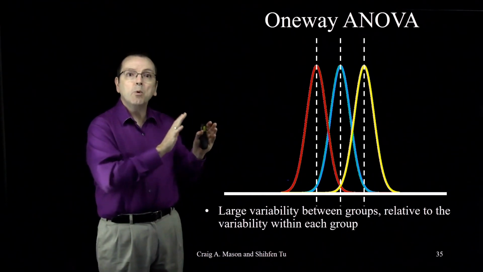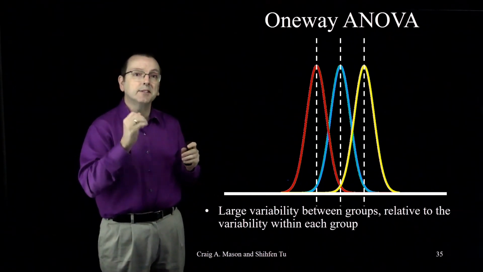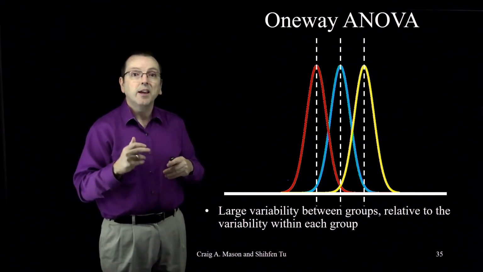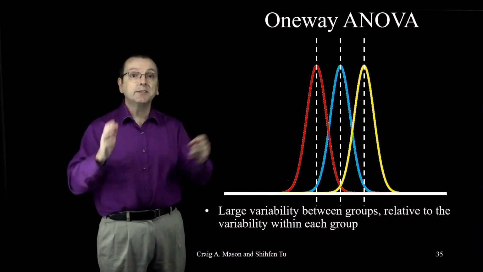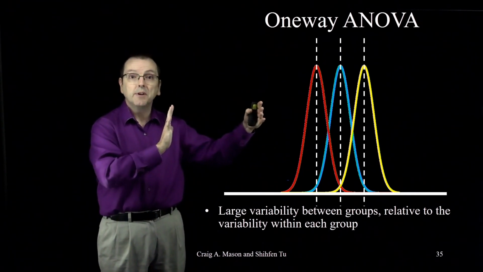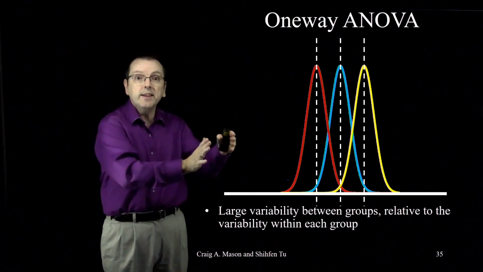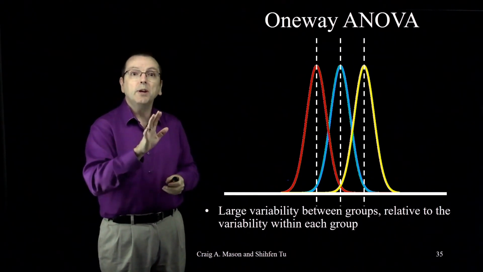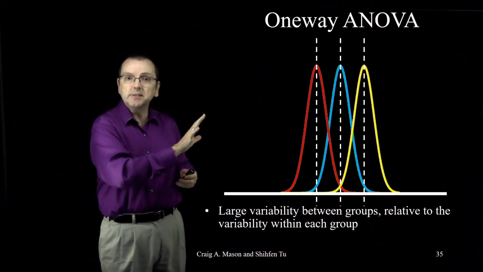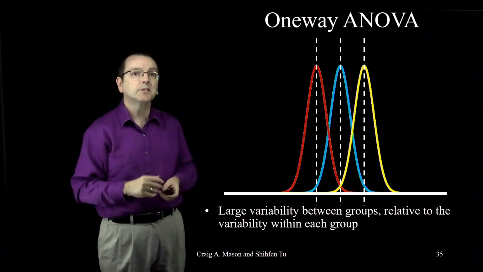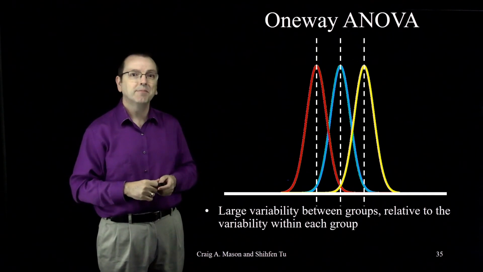To do that, we'll calculate a new test statistic called an F, in which we compare the variance that we see between our groups relative to the variance that we see within the groups. We'll look at what I mean by this and why it works in our next video. All right? See you then.